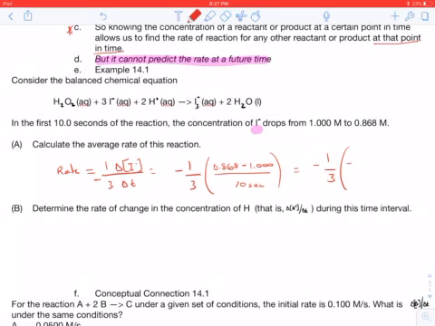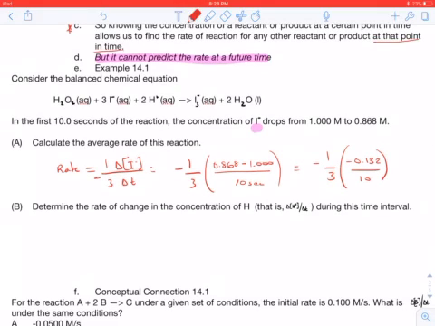And now we have negative 0.132 on top, over 10. So we divide that by 10, and then we're also going to multiply by negative 1/3, which is going to give us 0.0044.